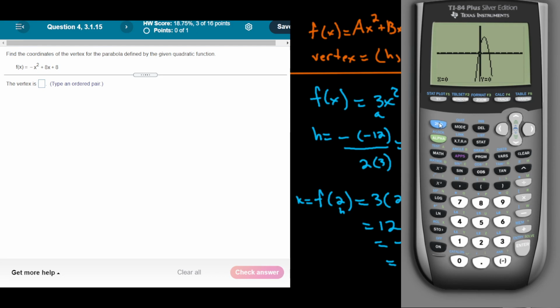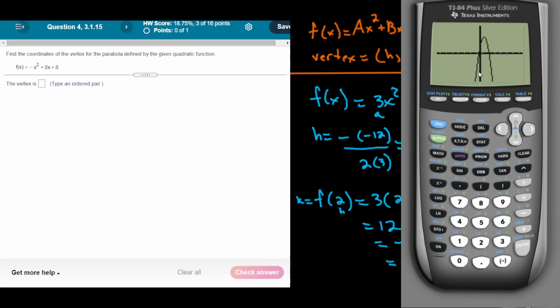So to find your vertex, you're going to hit second and the trace button so you can get to calc. You see where it says value, zero, maximum, minimum. Let's go back to the graph for a second. Do we have a max or a min?